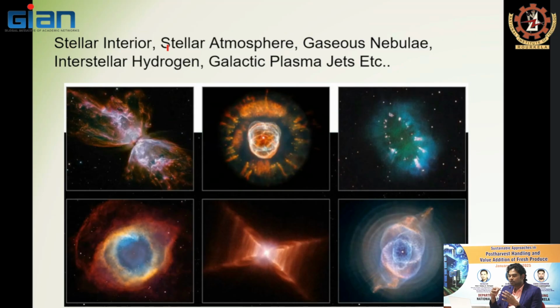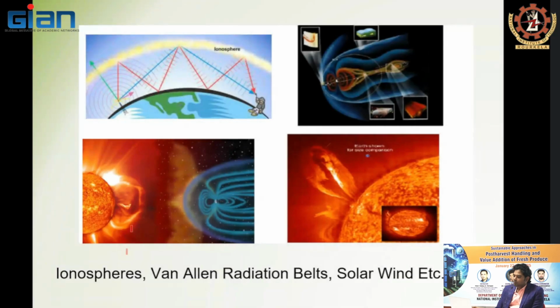And our ionosphere, the Earth's ionosphere, is made up of gaseous plasma, mostly our ozone. And we have the Van Allen radiation belt, which is also an example of naturally existing plasma.